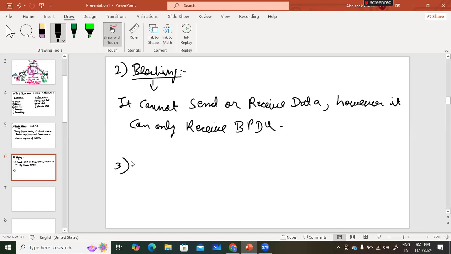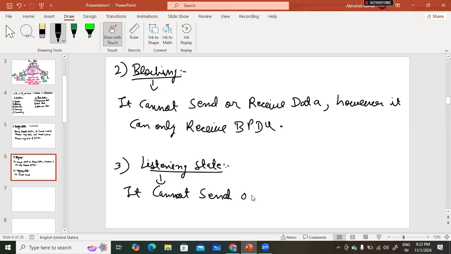Now, third point, let's move on to the listening state. Under the listening state, it cannot send or receive data.